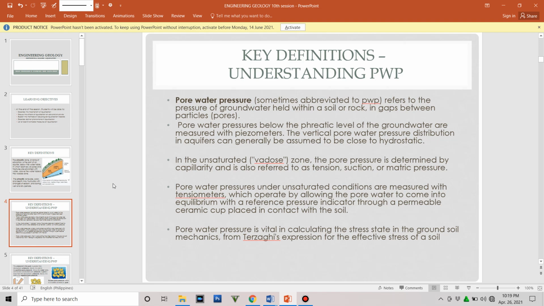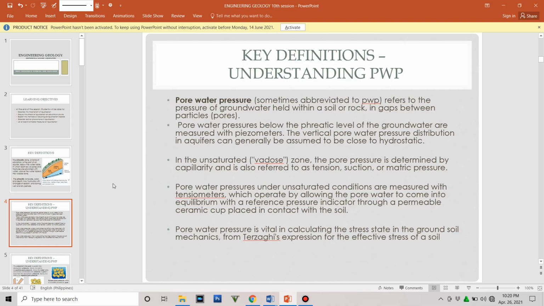In the unsaturated zone, or what we call the vadose or the upper portion, the pore pressure is determined by capillarity and is also referred to as tension, suction, or matrix pressure. There are two types of pressure, which I'll expound in a while.